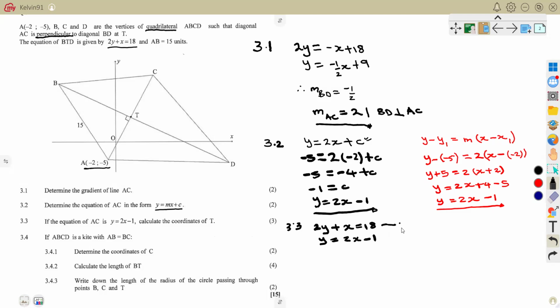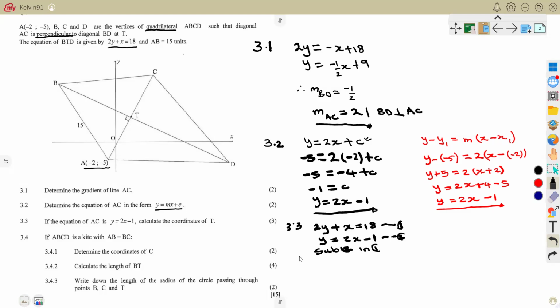This is our equation 1. This is our equation 2. So by using the substitution method, we can substitute equation 2 in 1. So wherever there is y in 1, we put 2x minus 1.